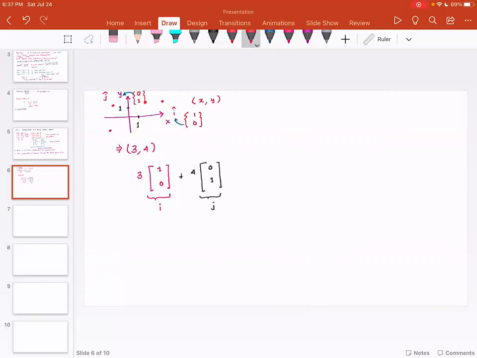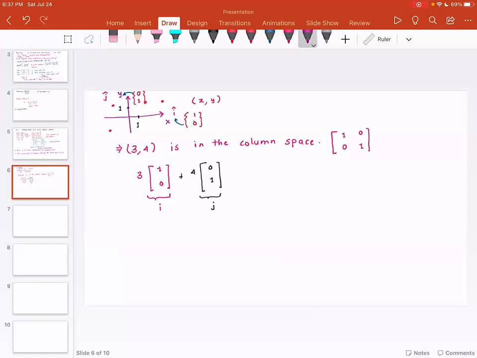And this point 3, 4, if you think about the column space, is in the column space of the matrix 1, 0, 0, 1.